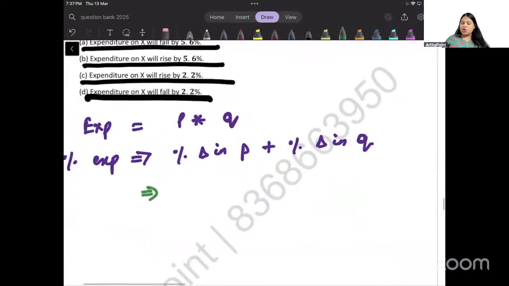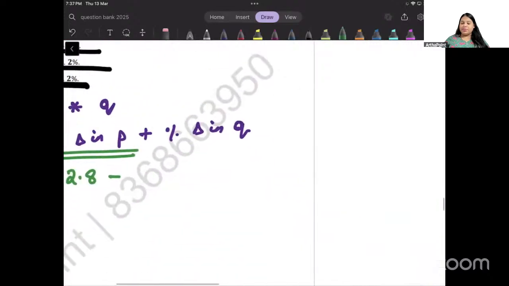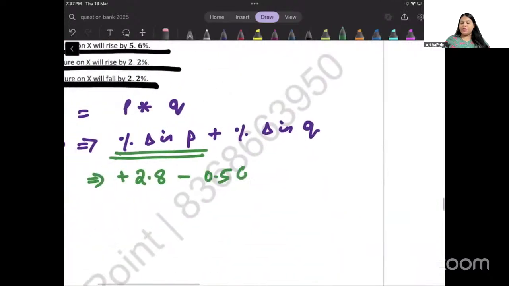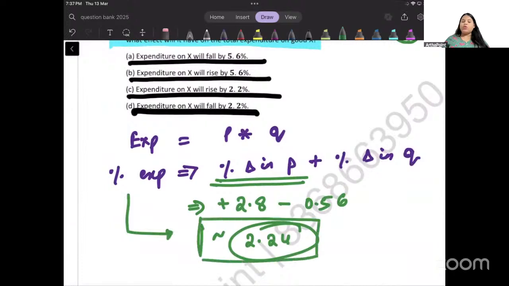So this is going to be 2.8 क्योंकि percentage change in price is positive और यहाँ पे change in quantity negative है, -0.56. So 2.8 minus 0.56 is approximately 2.24. So it means that the percentage change in expenditure will be 2.24.